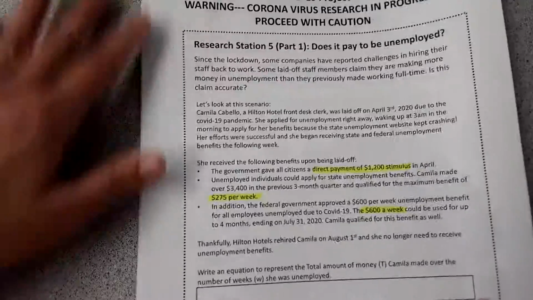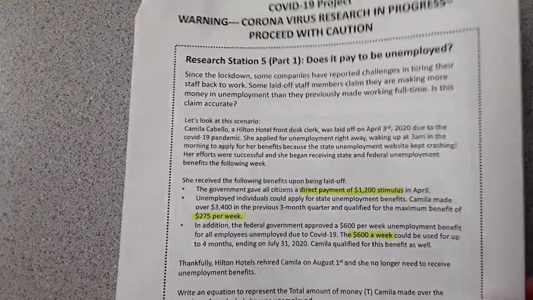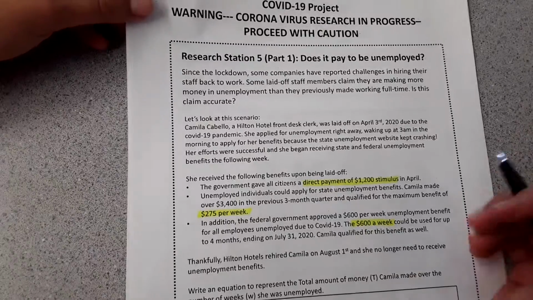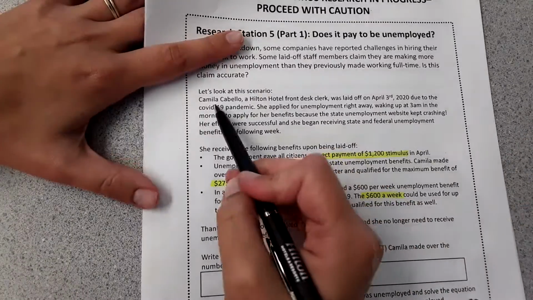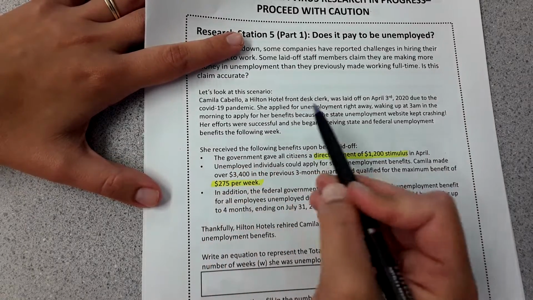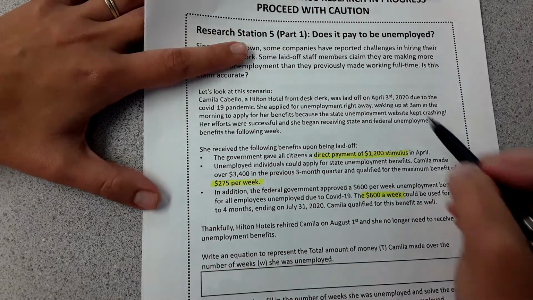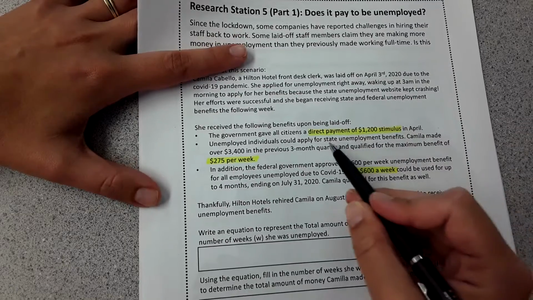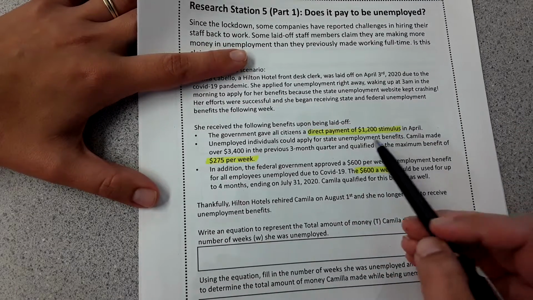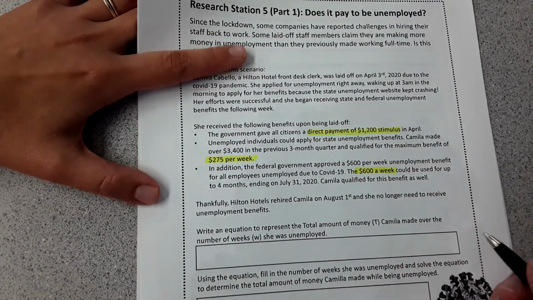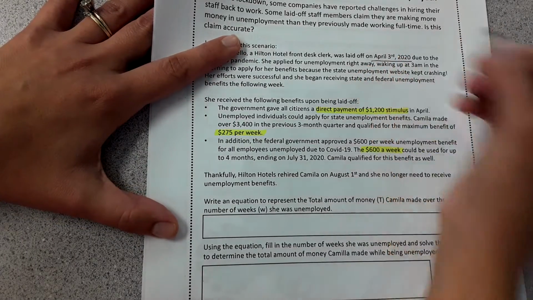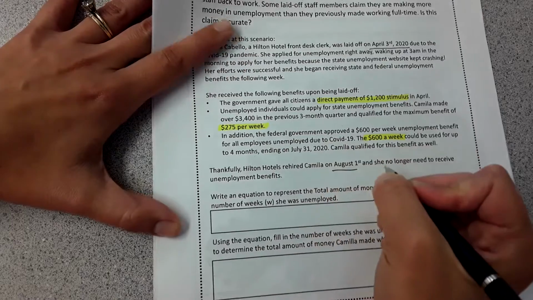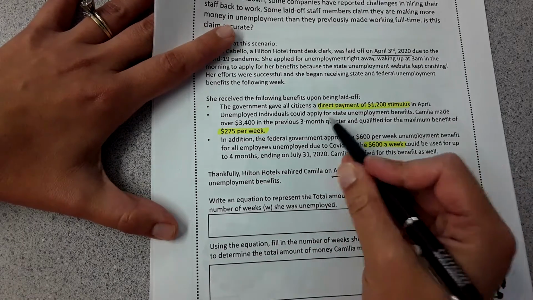Okay, Station 5. So for Station 5, we looked at unemployment. Some people were laid off due to COVID-19, and we have the situation here where a person that works for a Hilton hotel was laid off. You can read it more in detail, but what we're going to do is calculate how much she made in unemployment while she was off. So it says she was laid off on April 3rd, and then she was rehired again on August 1st.